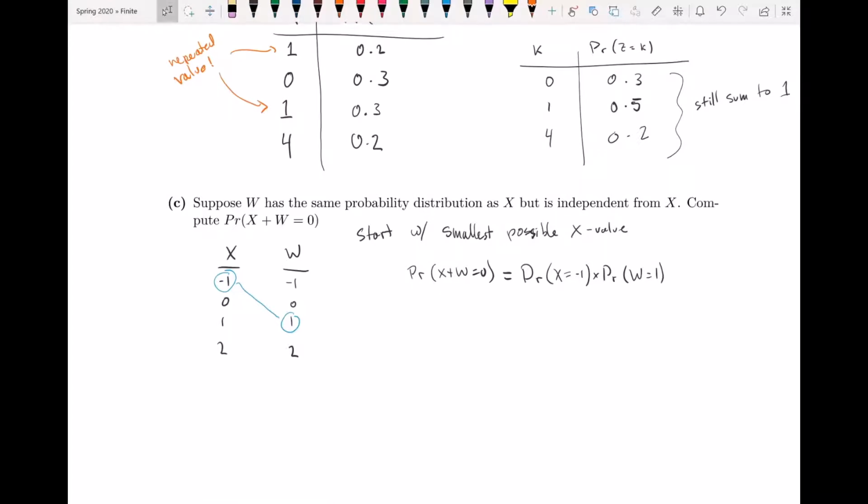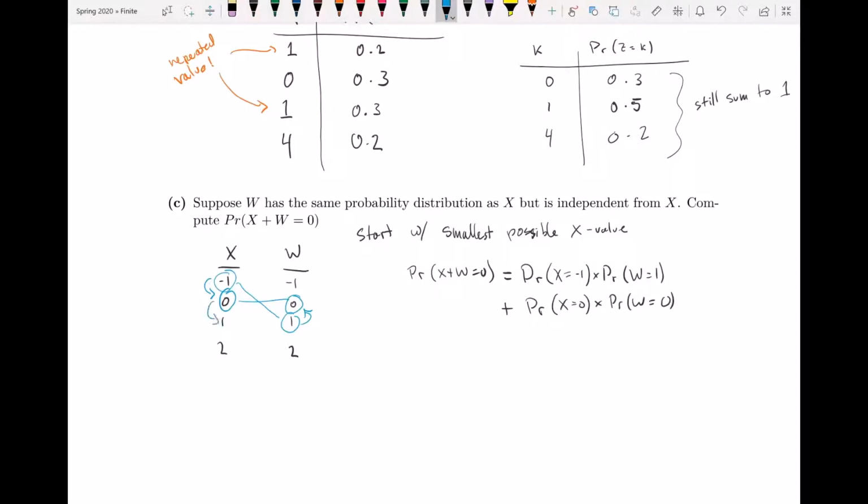Now to figure out all the ways this can happen, I'm going to increment x by 1. Since the sum needs to stay 0, I have to decrease w by 1. So I get my next pairing, plus the probability that x equals 0 and w equals 0, which is again just the product since they're independent.